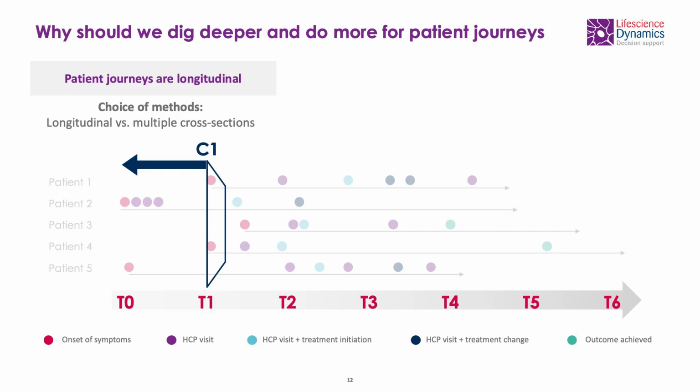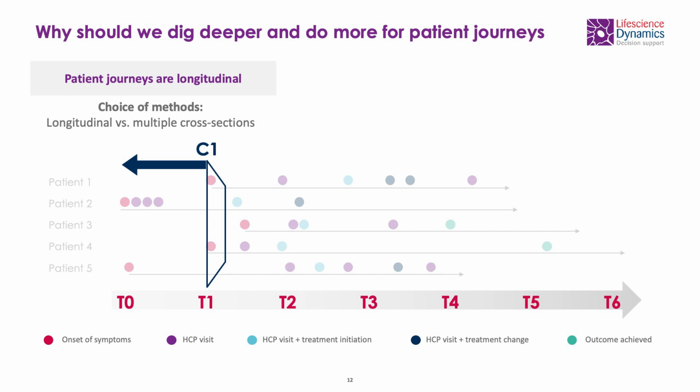And there could be various things that happen along the way. What are the different ways that we could go about mapping this longitudinality? Usually, or most of the times, we take a cross-section of patients. And if the sample size is large enough, we hope to capture different patients in different stages of their journey.